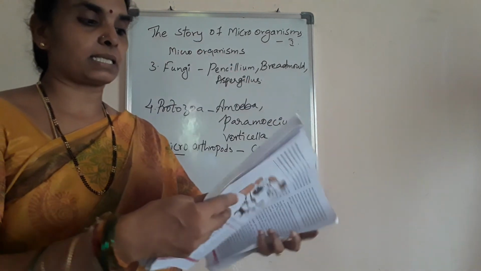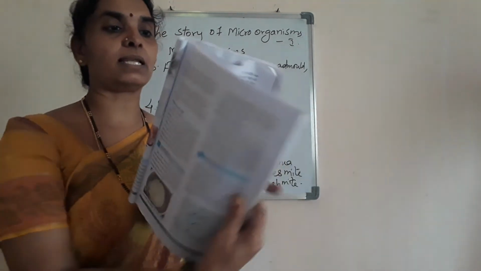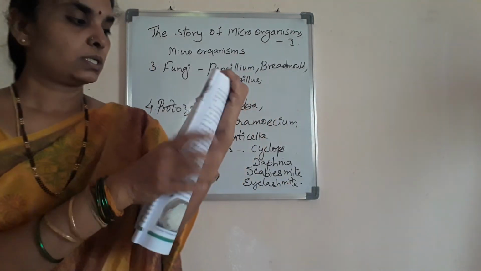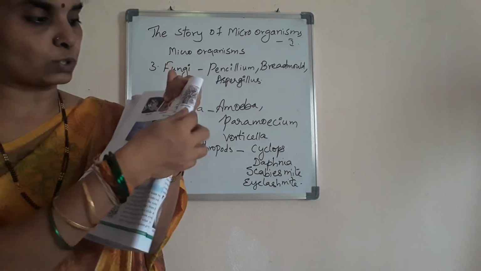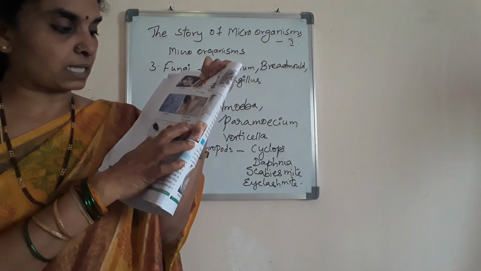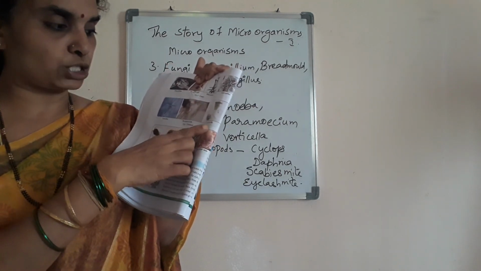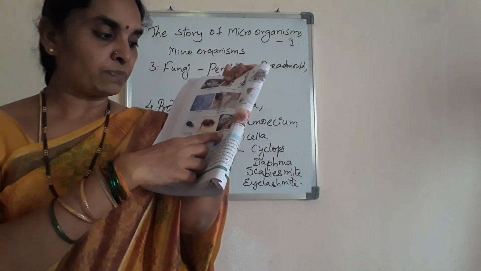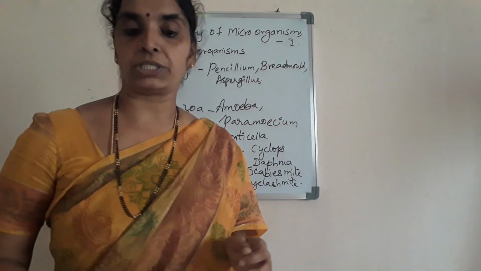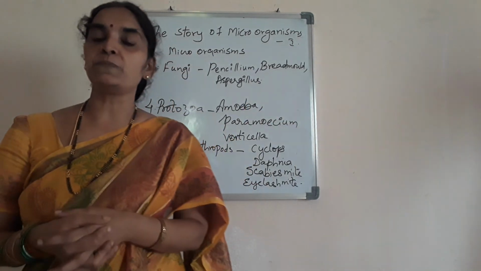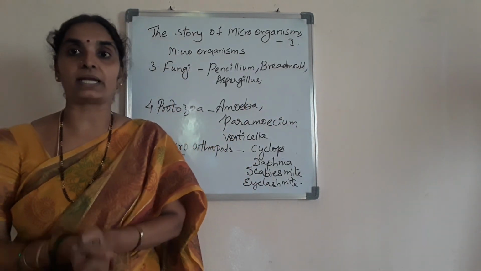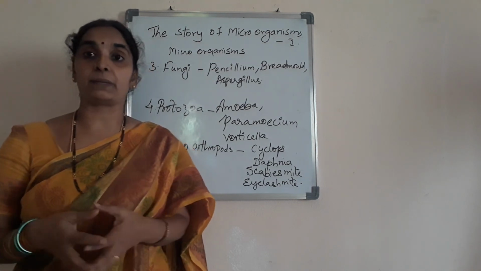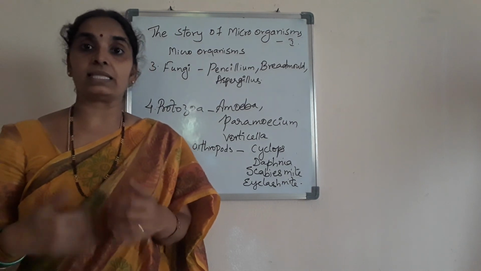And the next is about the fungus: Aspergillus, Penicillium, bread mold, Rhizopus. Next, coming to the protozoans: amoeba, paramecium, Vorticella, and microarthropods like cyclops, Daphnia, scabies mite and eyelash mite. So these are the different insect groups which are very minute and microscopic, and how they can be observed through the experimental model we'll be seeing in the next class.